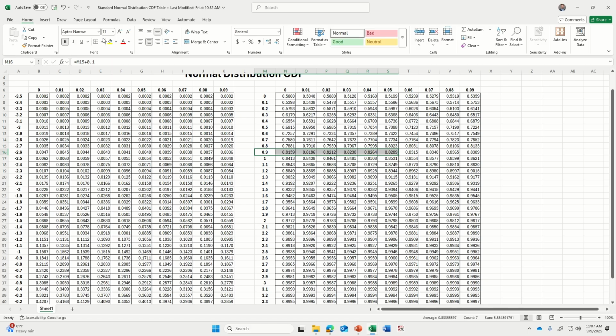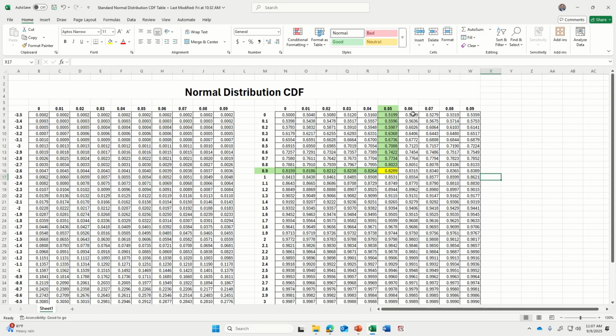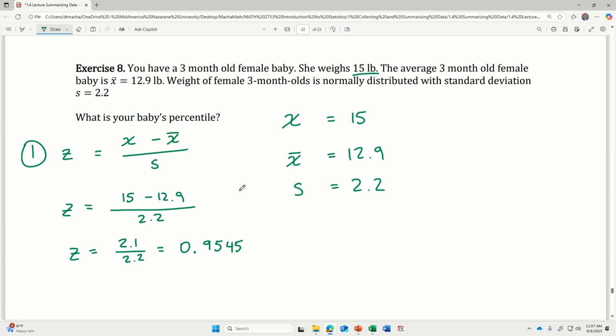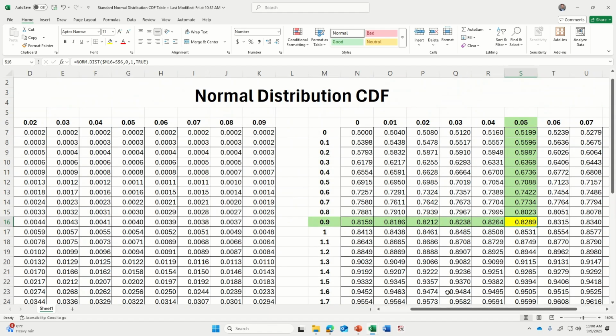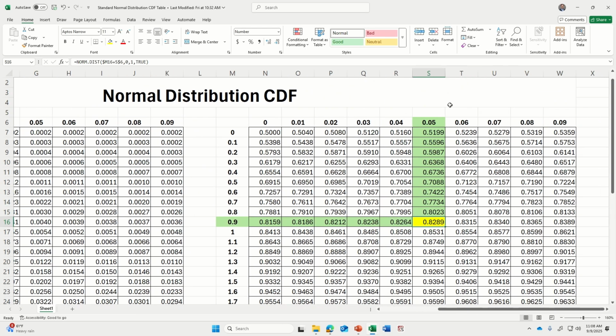Let me show you what I'm thinking here. What we really need to do is round our z-score to 2 digits after the decimal, so it rounds to 0.95. And 0.95 is what I get if I add 0.9 plus 0.05.